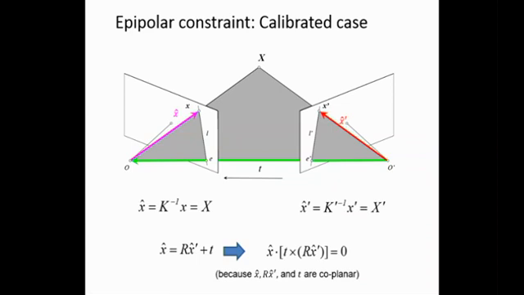Because if you take the cross product of two vectors, you get a vector that's perpendicular to them. And because x hat is also on this plane, where x hat is this vector from this camera center through the corresponding point, then x hat dot that direction perpendicular to the plane must be equal to 0. And so this gives us our constraint. This is basically saying that x hat will be on the epipolar line that corresponds to this other image.